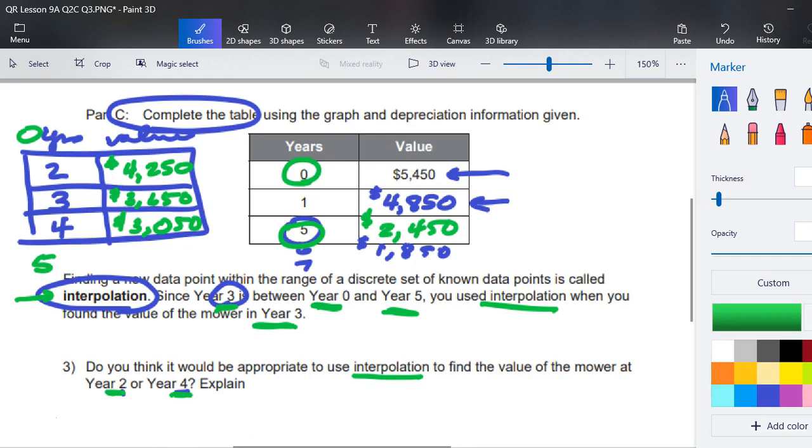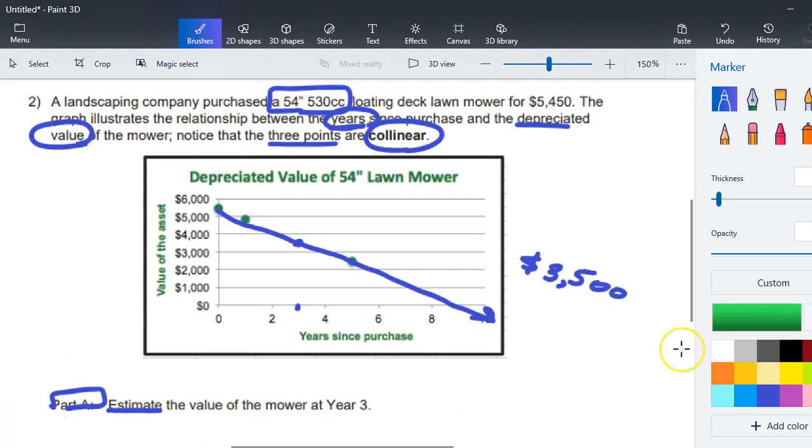Use the graph and or previous information to estimate the value for year 6. And we can estimate looking at the chart, and I'll go ahead and find that one. So looking at year 6 to estimate on the chart, if we are here, we're about here, which is almost $2,000.